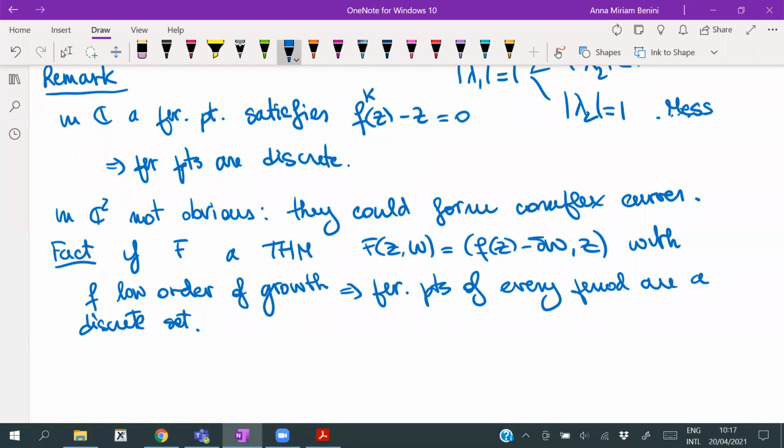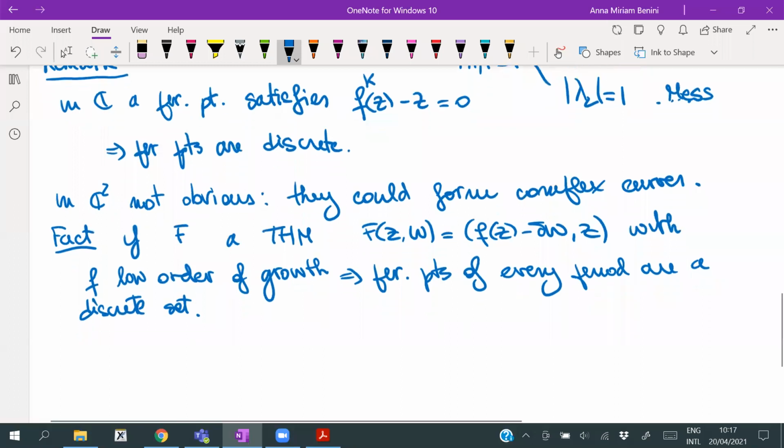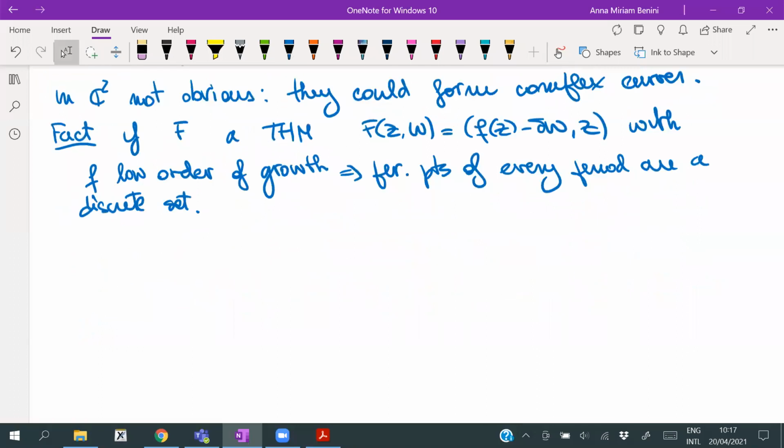Okay, now let us take a closer look at periodic points of period 1 and 2. Let me first remark a little bit about the special form of this map, just so that we can keep it in mind while we discuss our properties. F(z,w) equals (f(z) - delta w, z). It's a possible way of seeing it.